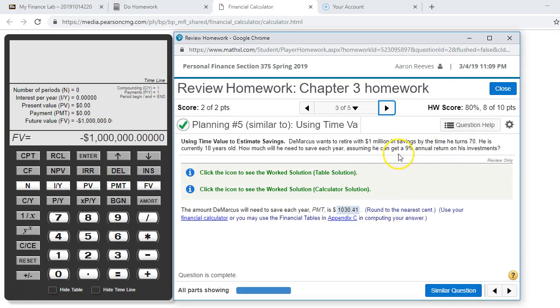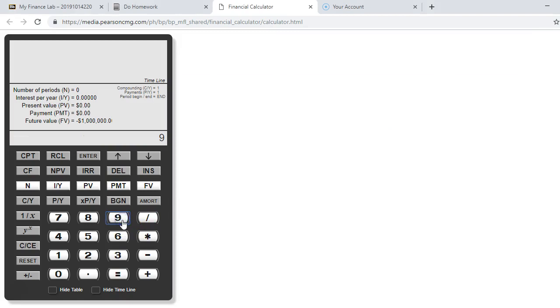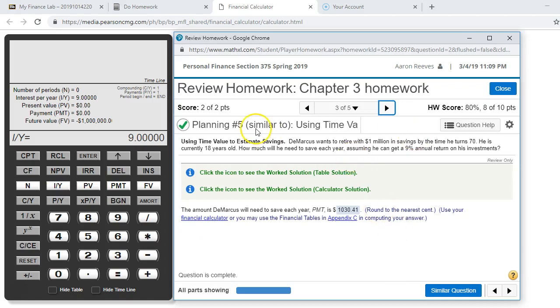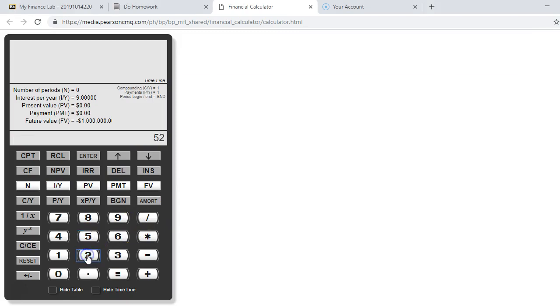The interest rate is 9%. So I'll hit 9, followed by the interest rate. Next, the number of periods is going to be 52 years. So I'll put in 52 and hit the N for number of periods.